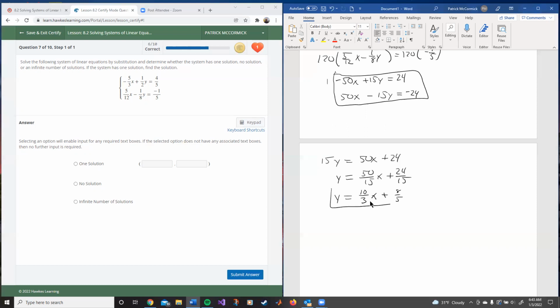Okay, so there's my substitution. I'm going to plug it into the second equation. 50x minus 15y equals minus 24. 50x minus 15 times 10/3 x plus 8/5 equals minus 24. If you notice, these are tough. So minus 15 times 10/3, what is that, minus 50?